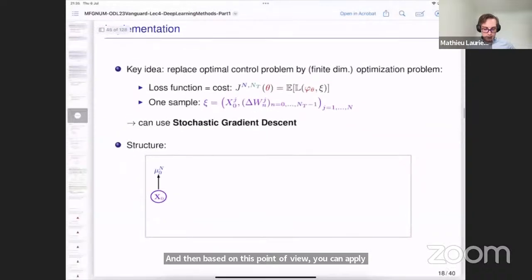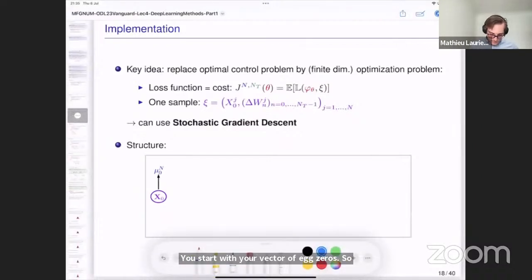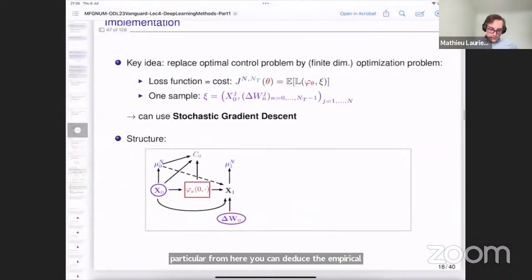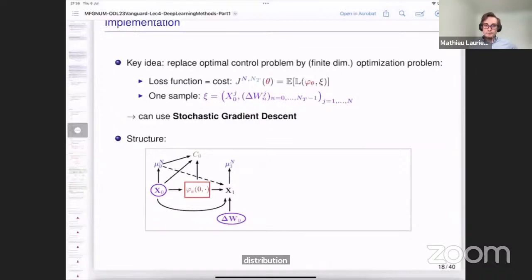So the structure is something like this. You start with your vector of x zeros. This one is in dimension nd, because you have n particles. From here, you can deduce the empirical distribution. You plug x0 in your neural network.